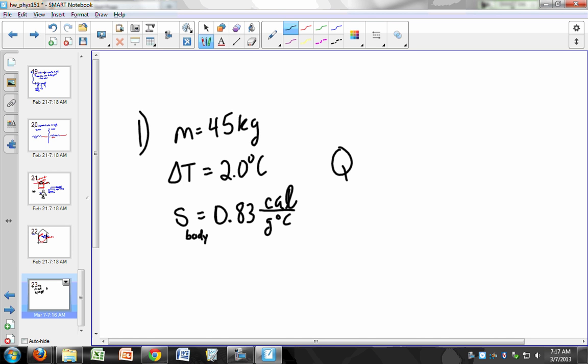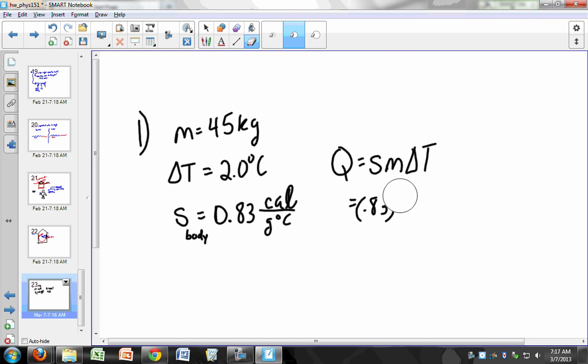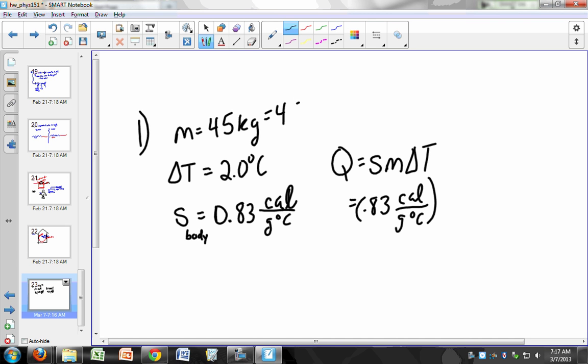And then I can find my Q. It's s m delta T. That's 0.83 calories per gram degree Celsius. Then I need to convert my 45 kilograms into grams. That's 45,000 grams. I know that because my specific heat is given in terms of grams, and then my change in temperature, which is 2 degrees Celsius.